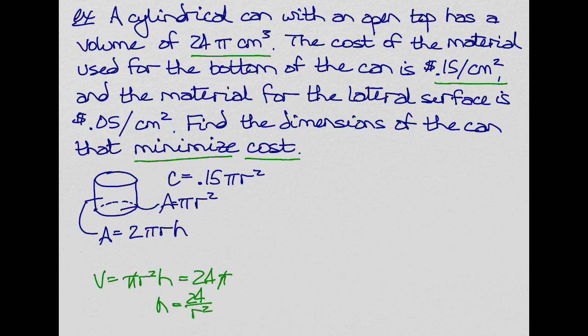So now I can use that in place of h up here. This is 2 pi r times 24 over r squared, which is, let's see, we don't need all those r's, 48 pi over r.